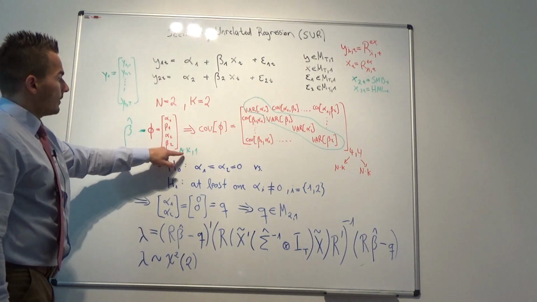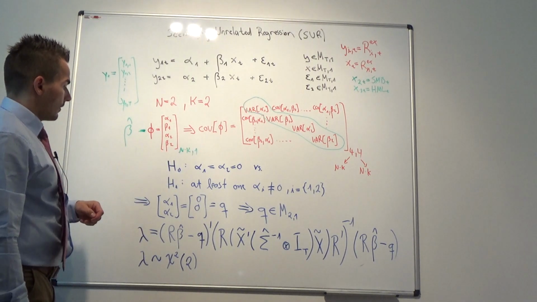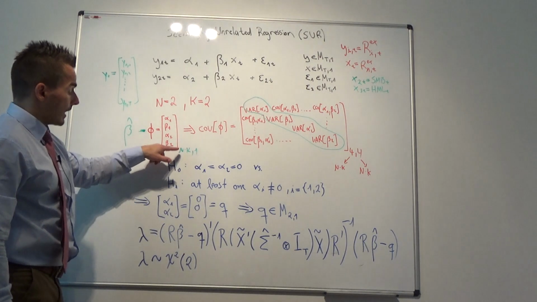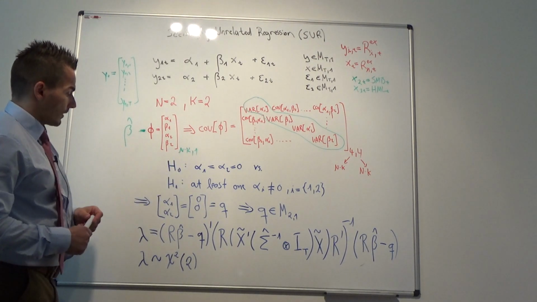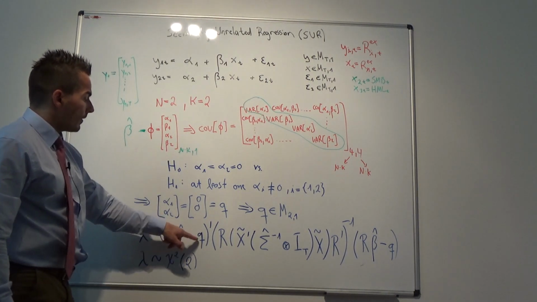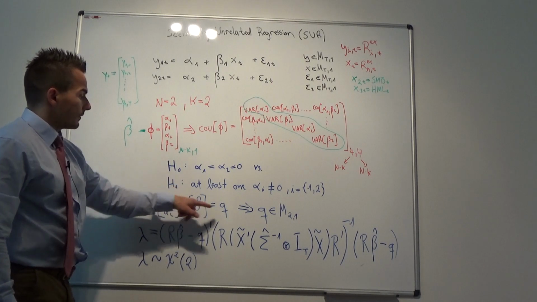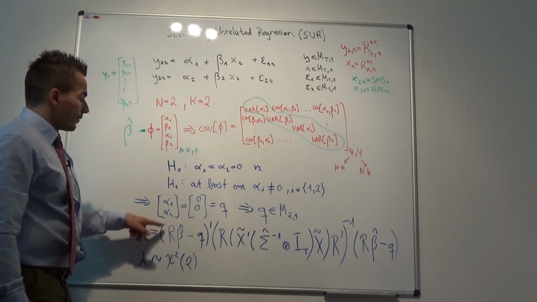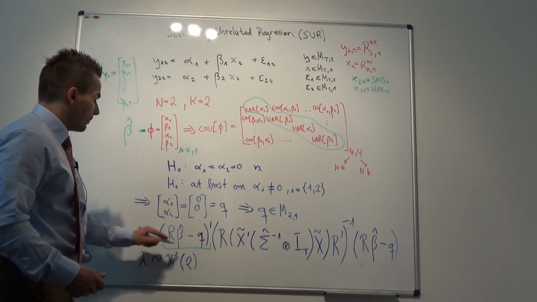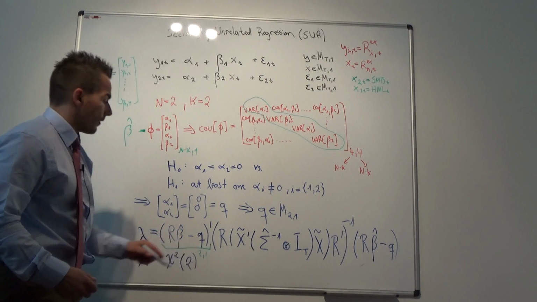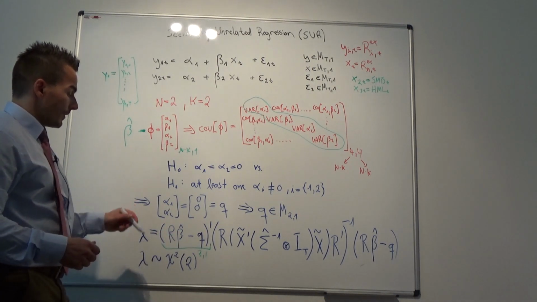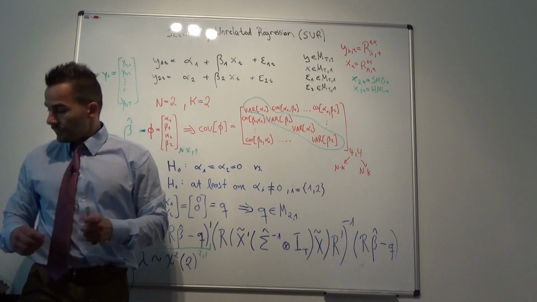It's a capital N times K by 1 vector. We subtract from this matrix product our null hypothesis, the Q vector. In our case, this thing here must have the dimension 2 by 1, and because it's transposed, it becomes 1 by 2.